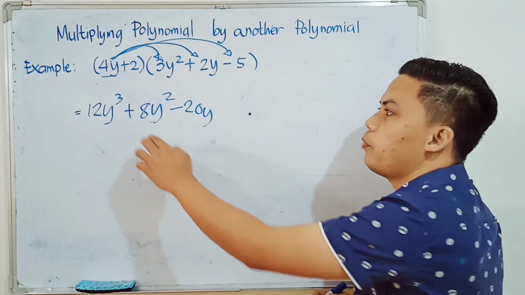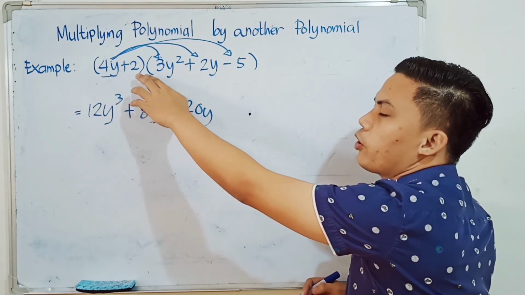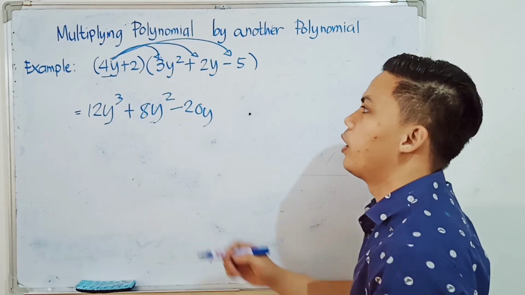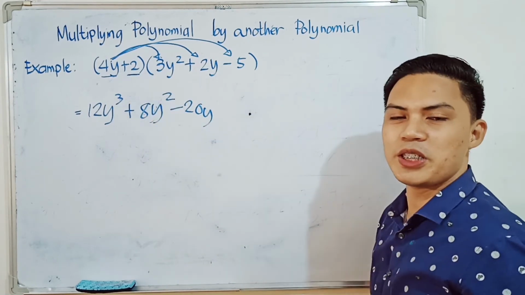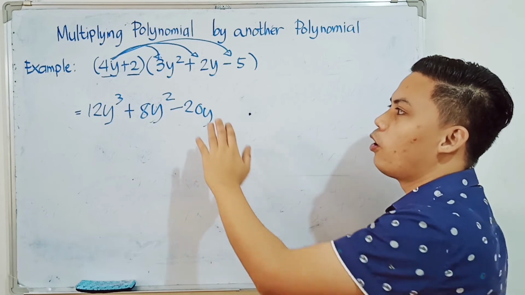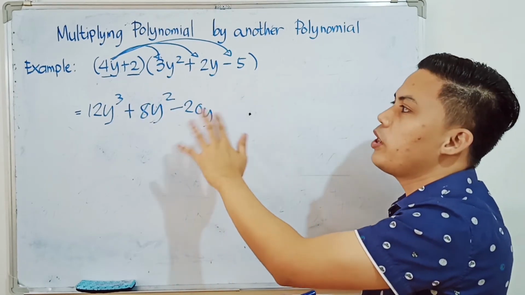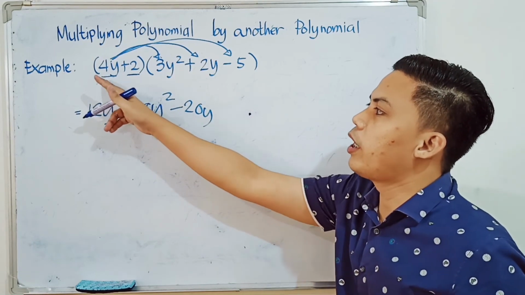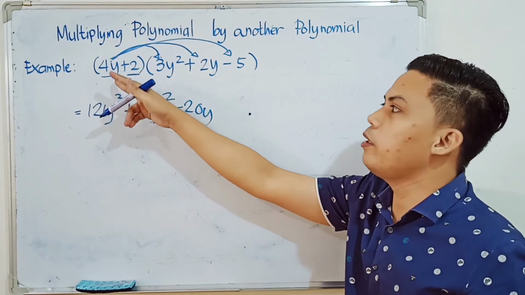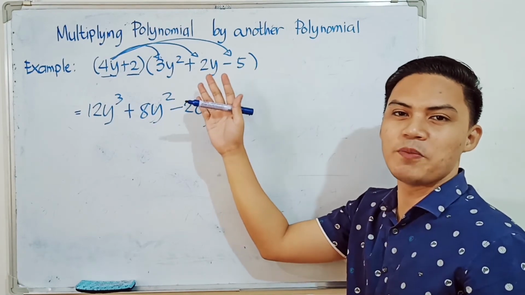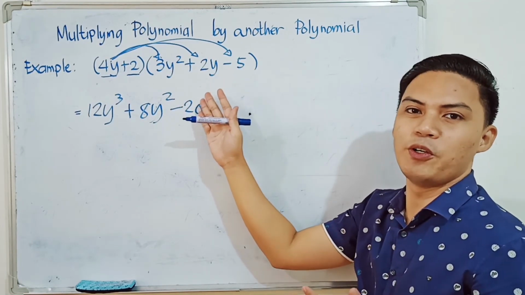Now, after natin ma-distribute yung first term, yung second term naman yung i-distribute natin dun sa another polynomial. So in this case, if we're going to get the product of a polynomial multiplied to another polynomial, we see to it na lahat ng terms na nasa first group ay ma-distribute natin dun sa lahat ng terms na nasa second group.